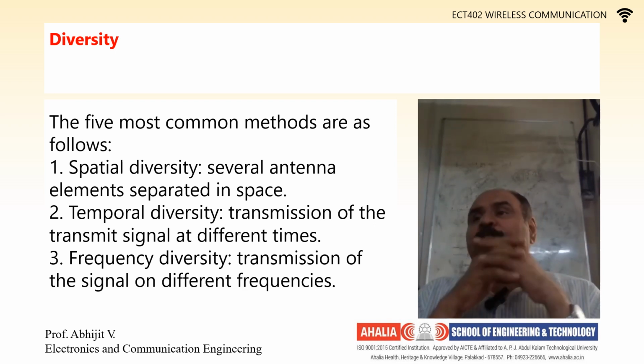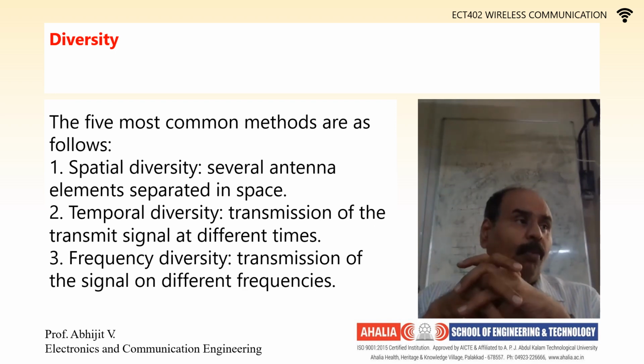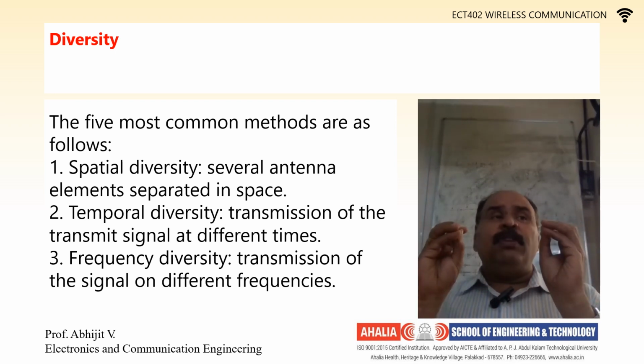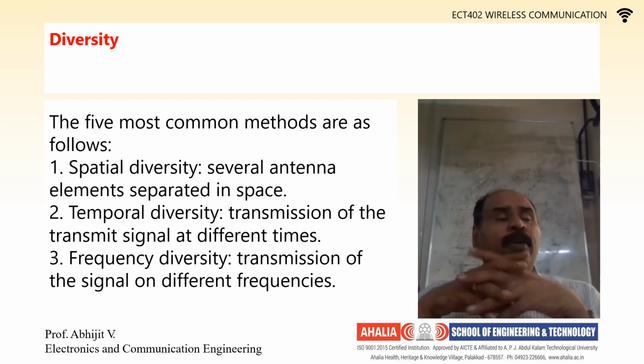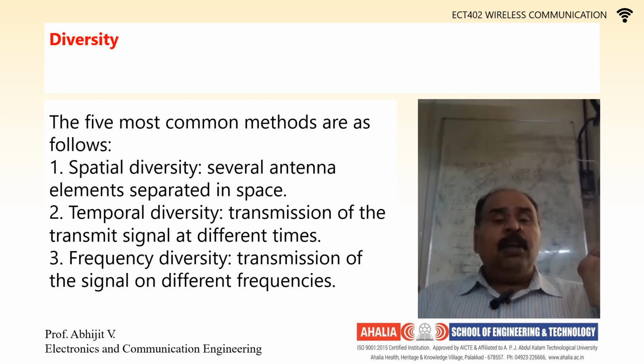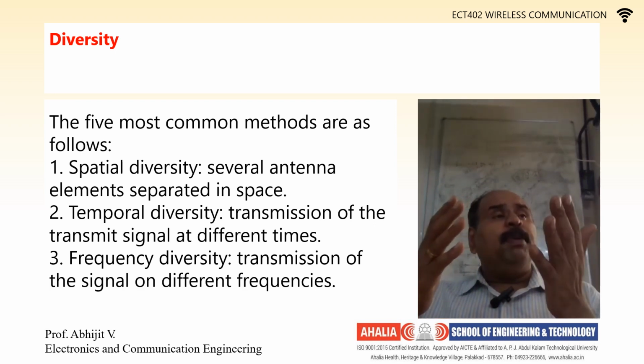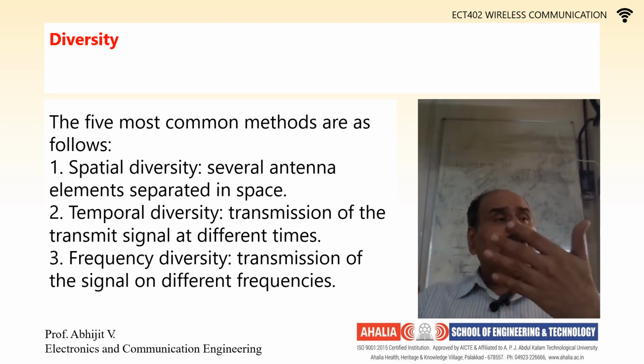So what are the different types of diversities? There are very common methods. Actually, we are classifying diversity into 5 different types. One, we call it as spatial diversity. Spatial diversity, very simple. You keep different antennas at a different space.